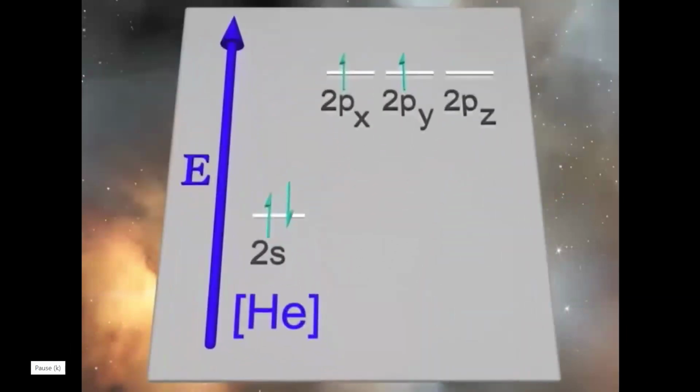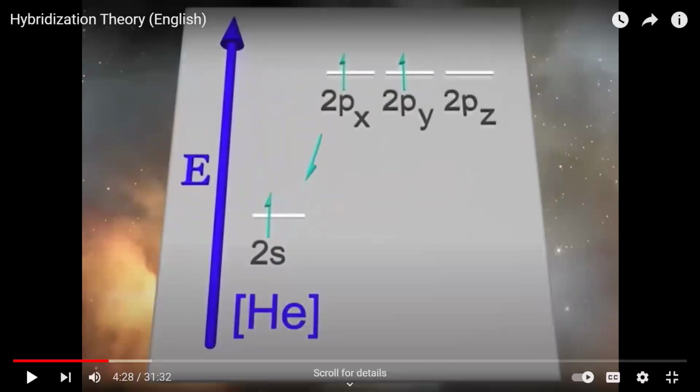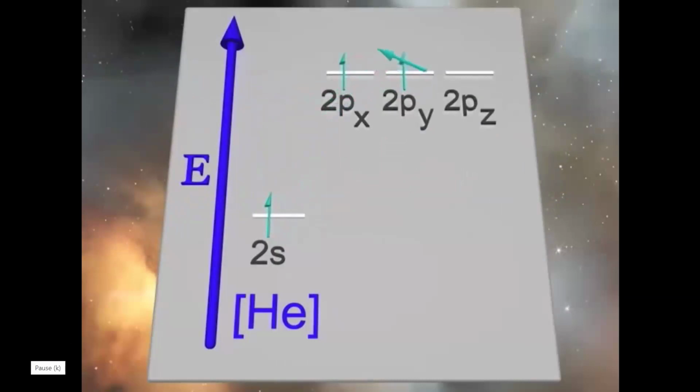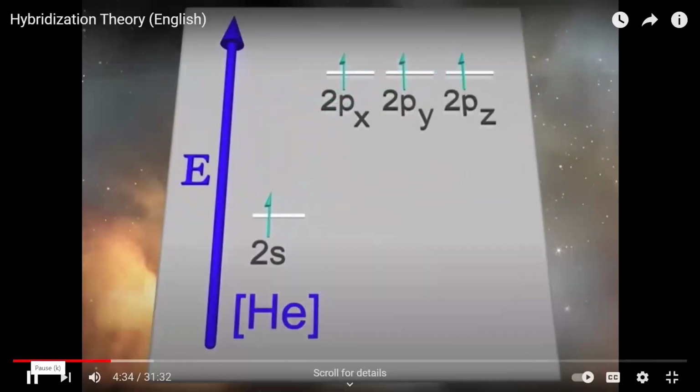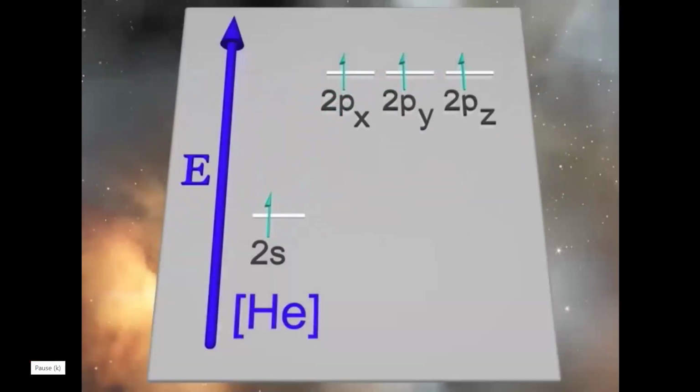Starting from the abbreviated electron configuration for carbon, again 1s2, 2s2, 2p2, right? One can imagine promoting an electron from the 2s atomic orbital to the unoccupied 2pz atomic orbital. Although we now have 4 unpaired electrons for bonding, we still can't explain the experimentally observed bond angles for a tetravalent carbon.